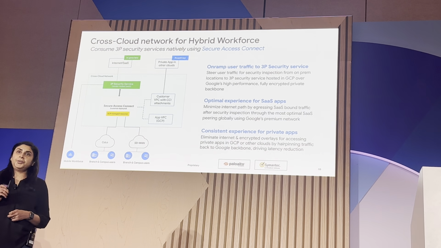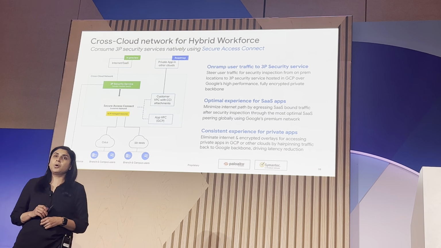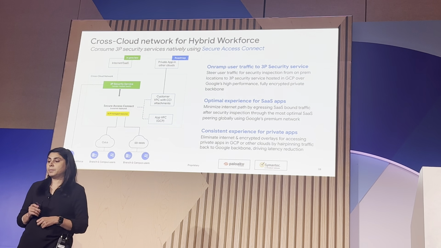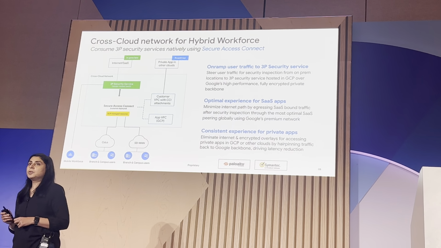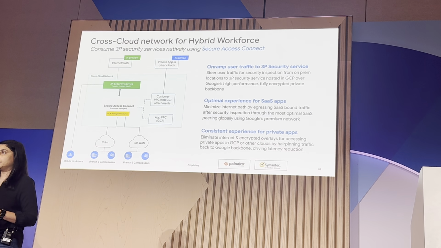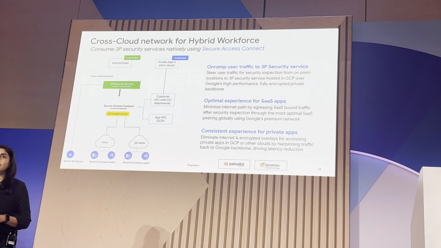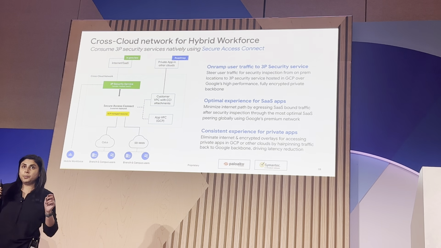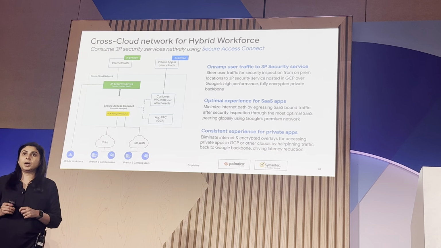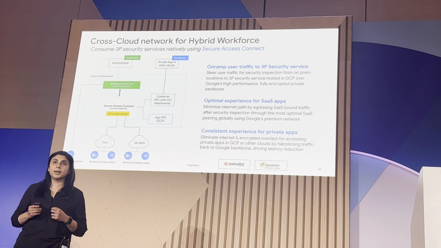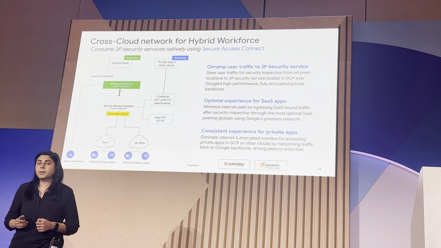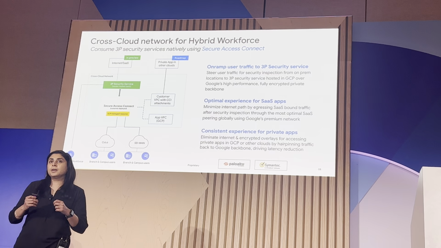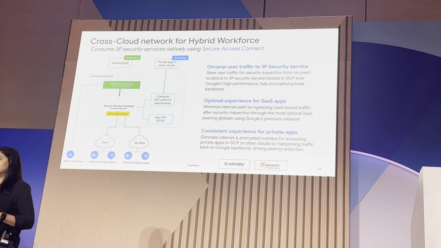We have 3 of the top SASE providers hosting their SaaS services in GCP. And we are already integrating with two of those using our Secure Access Connect integration. So how does this work? You bring your user traffic into GCP using our network connectivity services that we just talked about. Once the traffic is in GCP, we offer direct peering into the third-party SaaS provider.